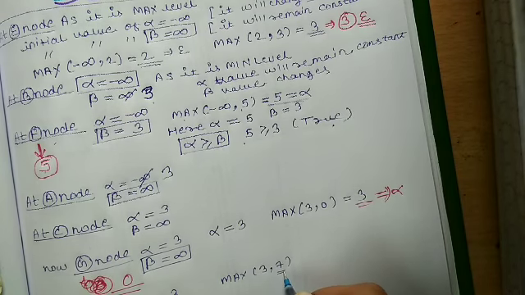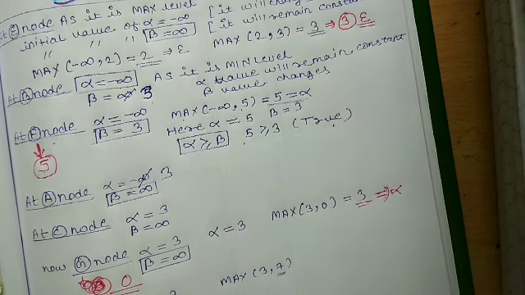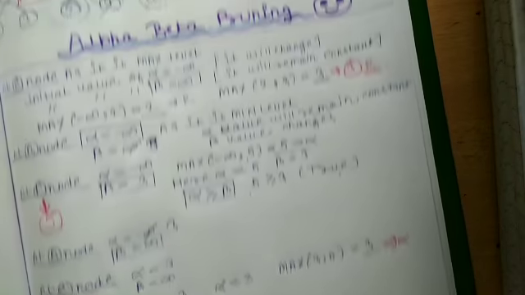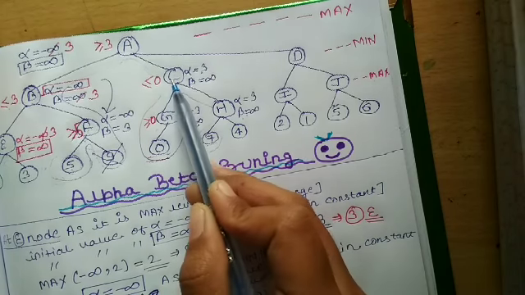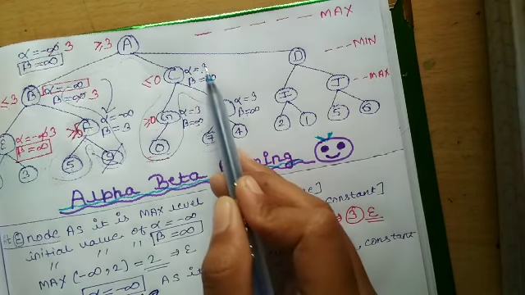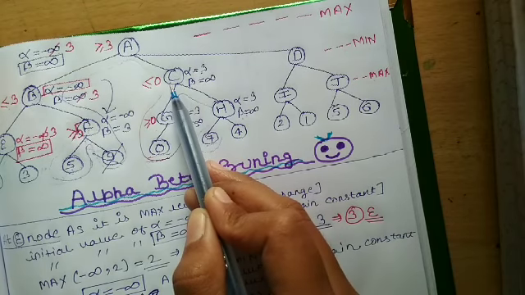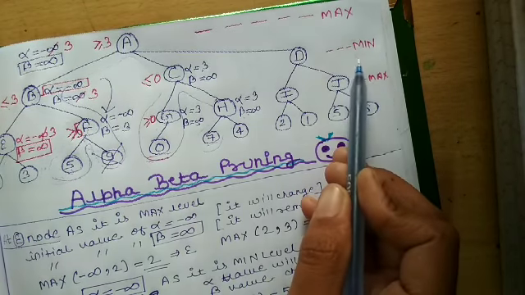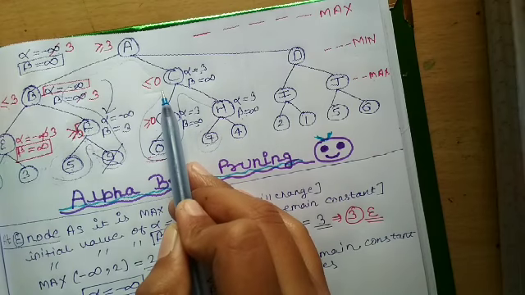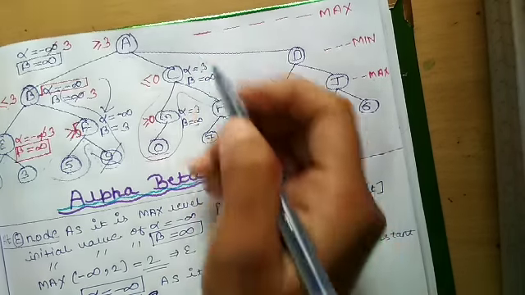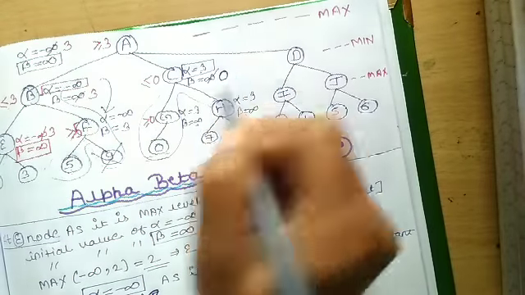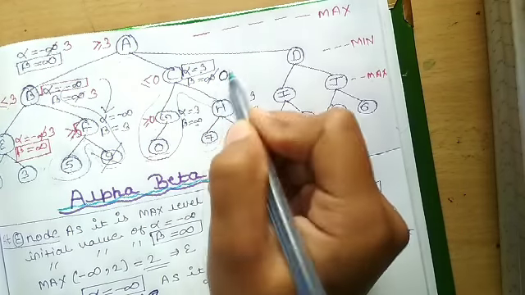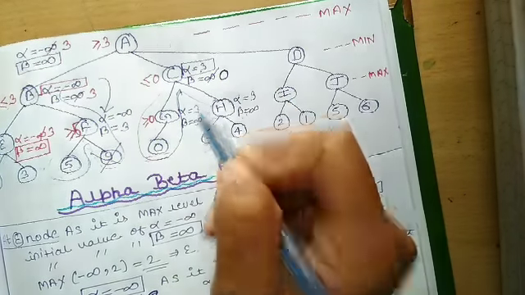But before exploring H node, one thing: here we have given the value of C node as 0. So alpha, beta value of C node will also change, as it is a minimum level and it has got the value 0. Alpha value will not change. Beta value will change and it will become 0.